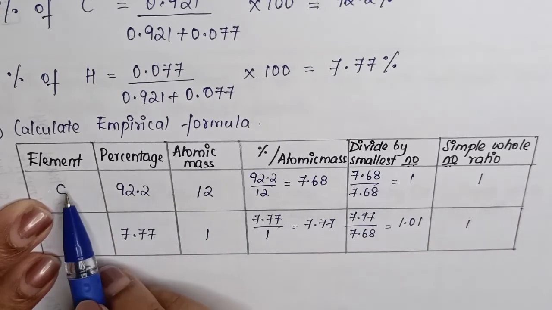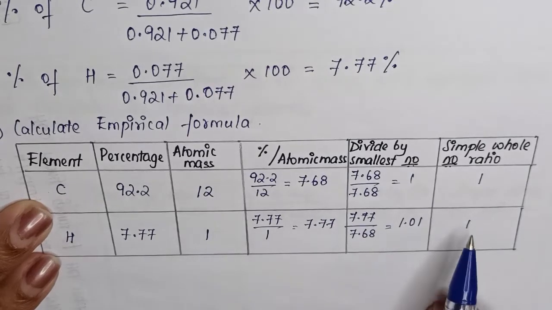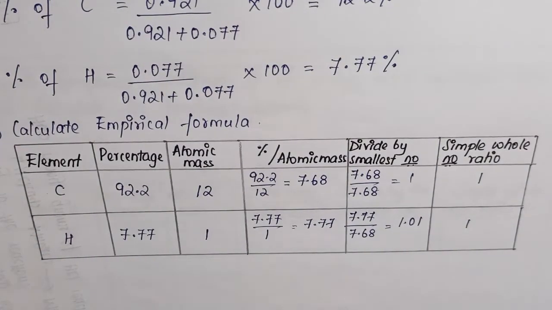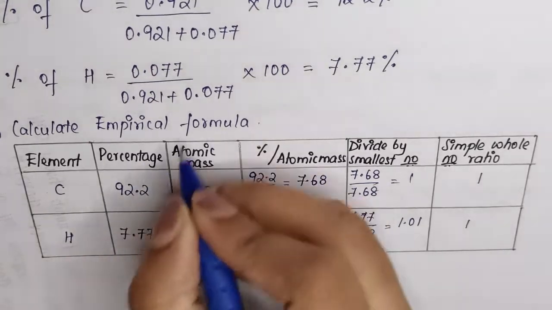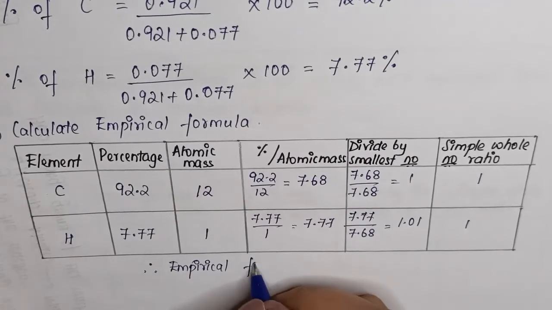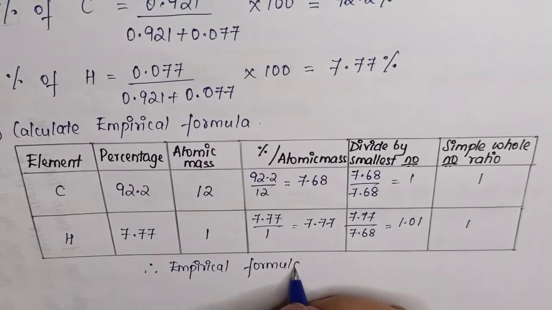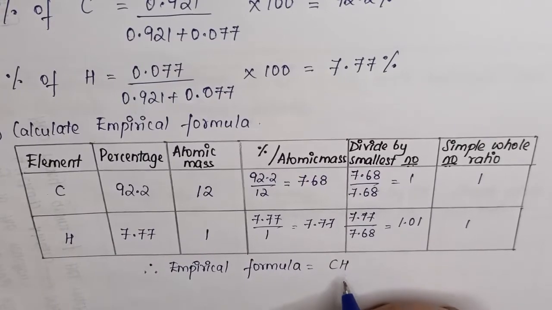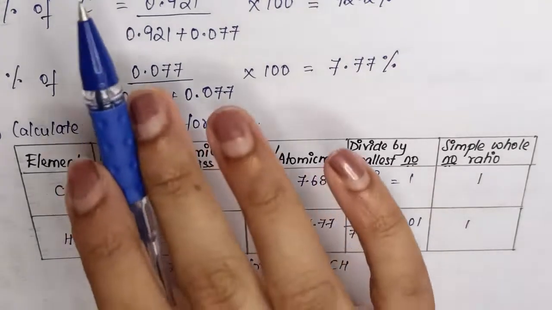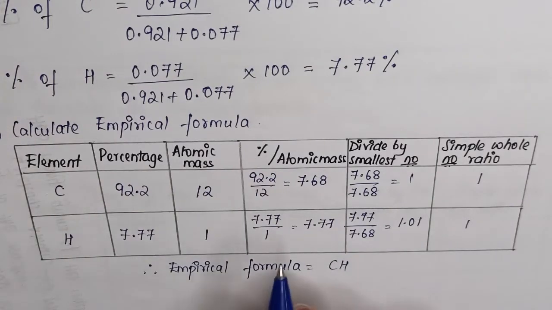So for this you will get carbon 1 and hydrogen 1. So therefore you can write that the empirical formula is equal to CH.